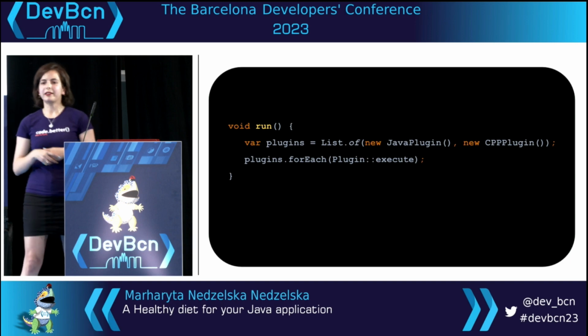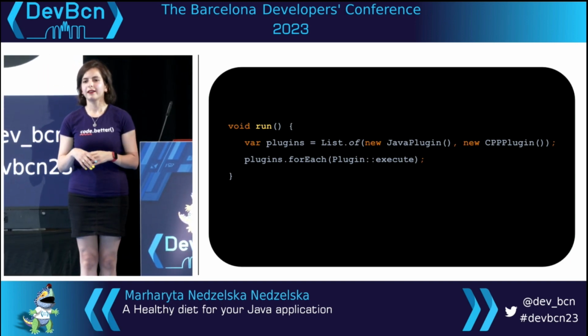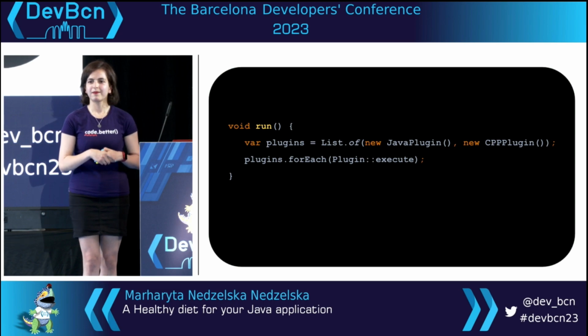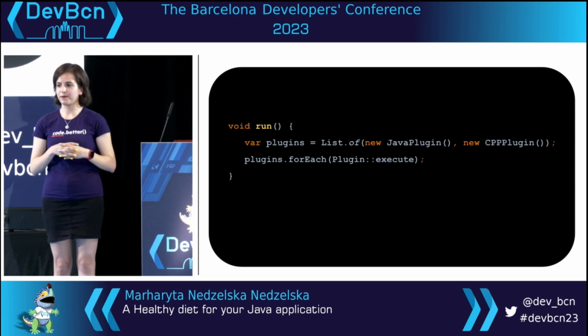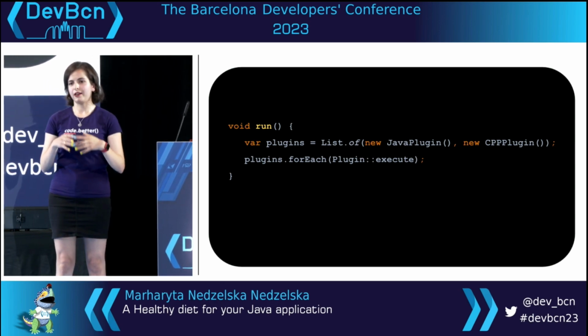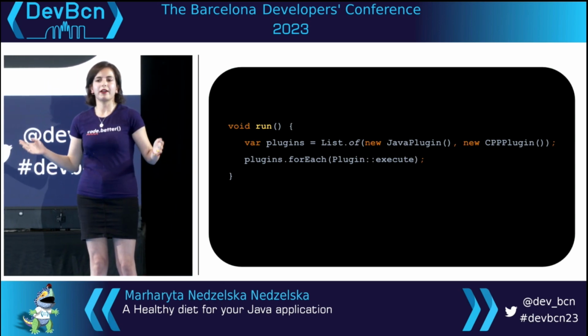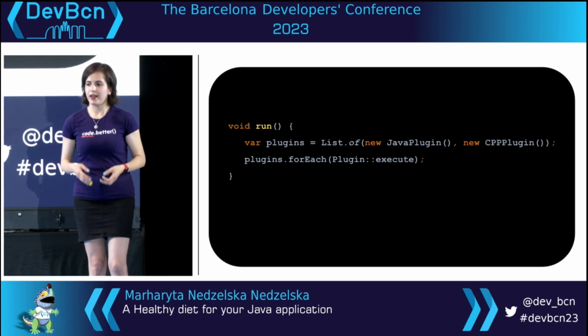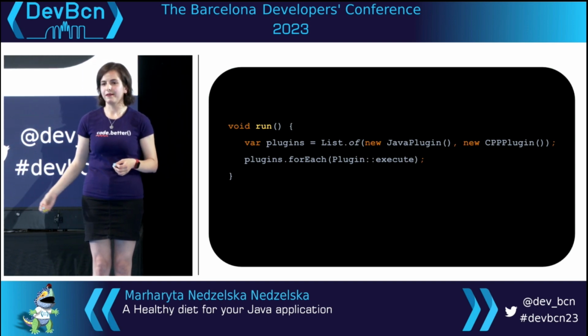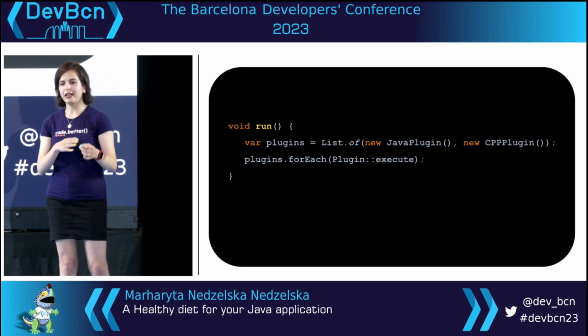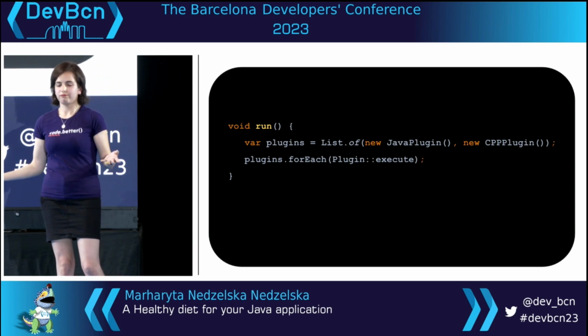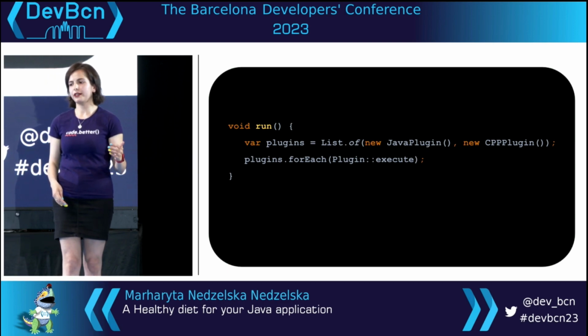OK, but it doesn't answer the question why the out-of-memory happened in C++. And this is another interesting thing that we found out. Plugins in our products are sort of kept in a list. And they're executed one by one. But because they're still referenced from the list, they live through the whole analysis.